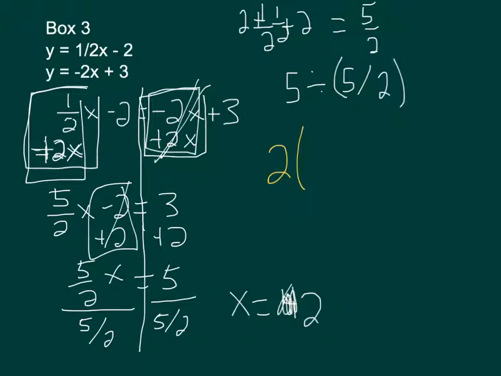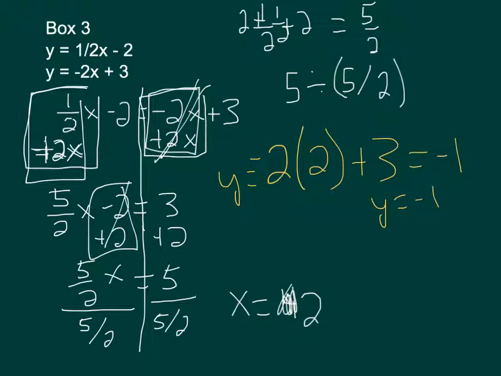Alright, forgot my negative sign here. So it's negative 2 times 2 plus 3. Alright, negative 2 times 2 is negative 4, plus 3 is negative 1. So that's what y equals. So y equals negative 1.